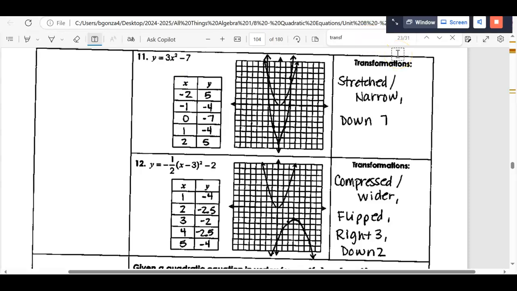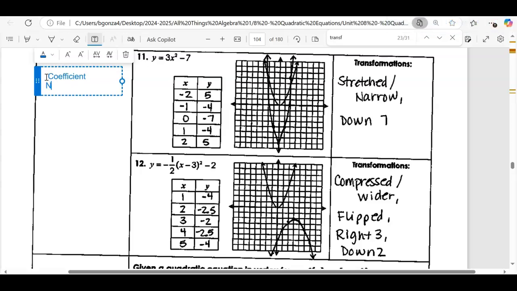Check this out. You can just write these down, but if the coefficient, the number in front of x, is greater than 1, it's going to stretch and narrow.